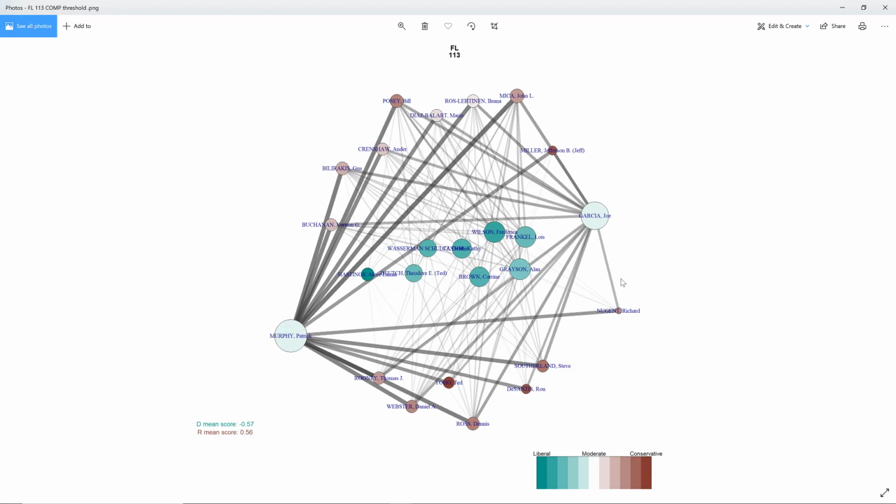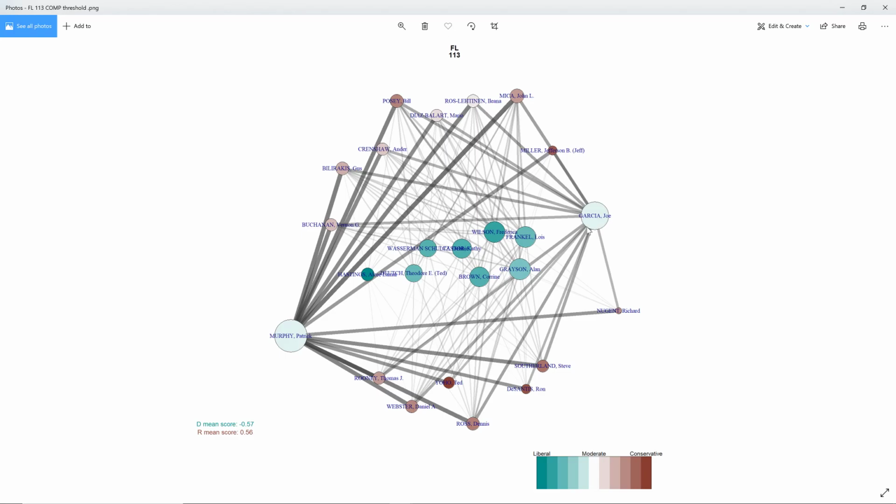But it does seem like there are still quite a lot of connections. And just to note, I got rid of everyone below the 25th percentile just to get rid of people voting on bills that everyone would vote on. We want to see who are the people that actually are willing to vote on bills that the other party supports.